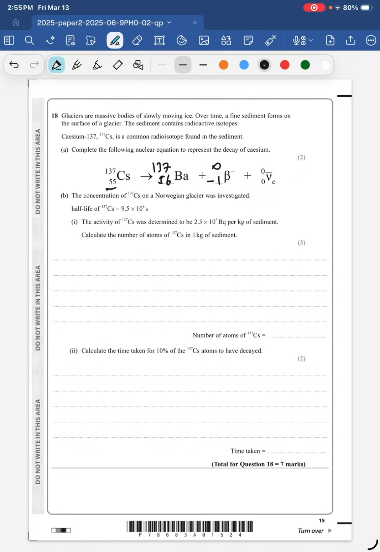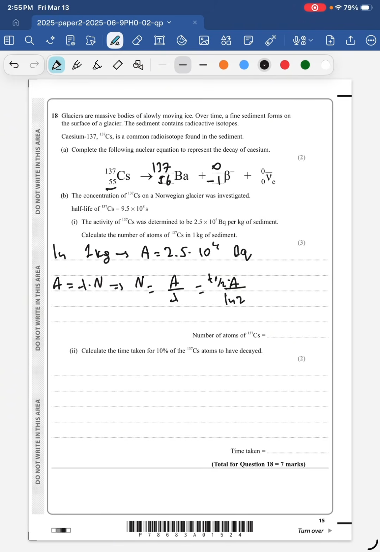So in 1 kilogram, the activity is simply 2.5 times 10 to the 4 becquerels, because this is what is stated. Now the activity is lambda times the number of atoms. So the number of atoms is the activity over lambda, and lambda is ln of 2 over t half.